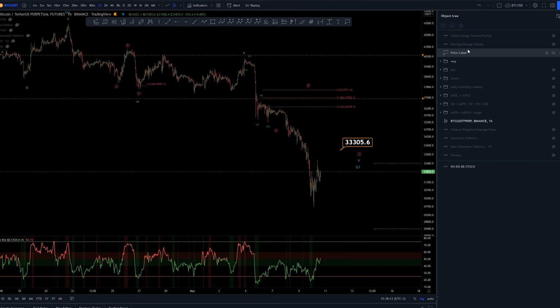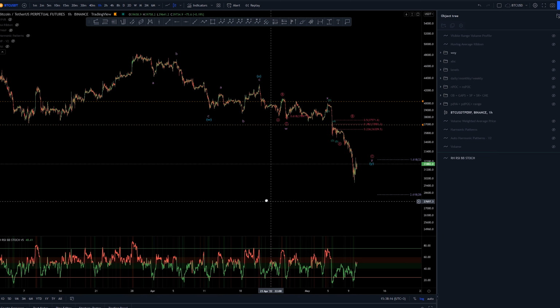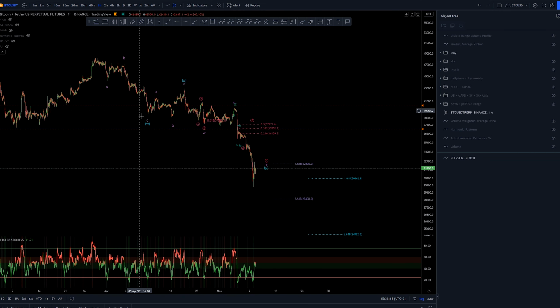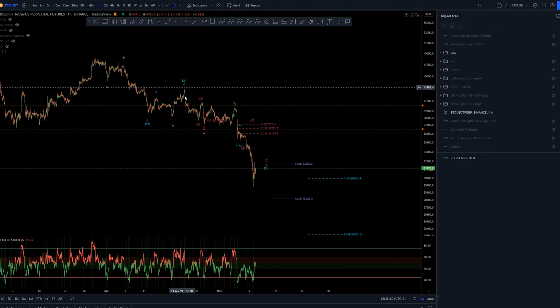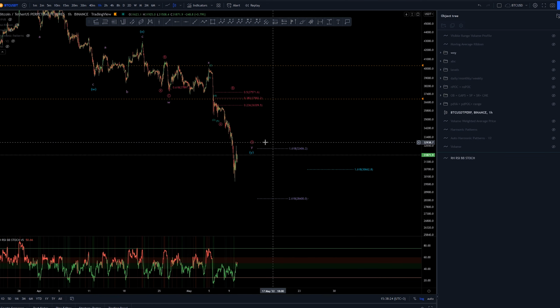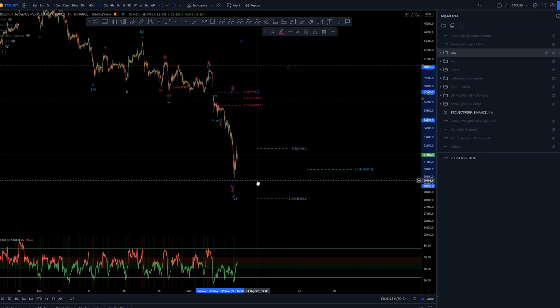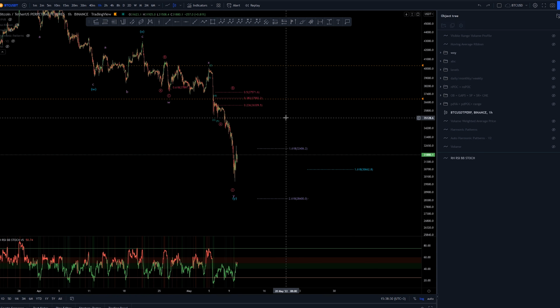Other possibility, let's put this guy here, was this structure where we had a possible ABC, and now would be another ABC or a WXY. I labeled it down here, but it could be already done, but we just don't see a nice divergence.